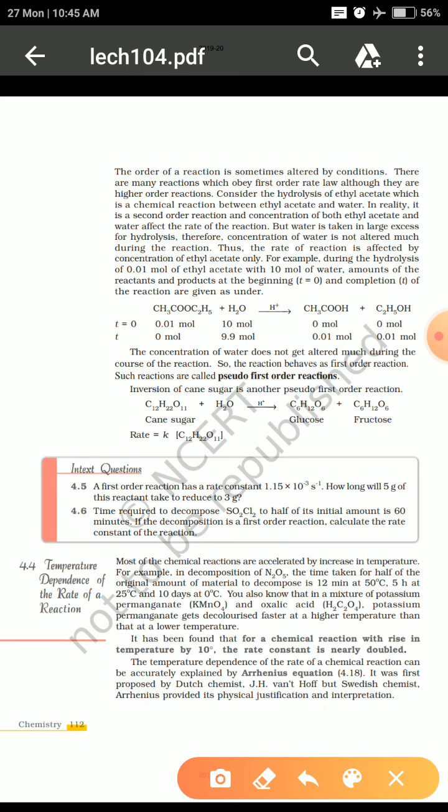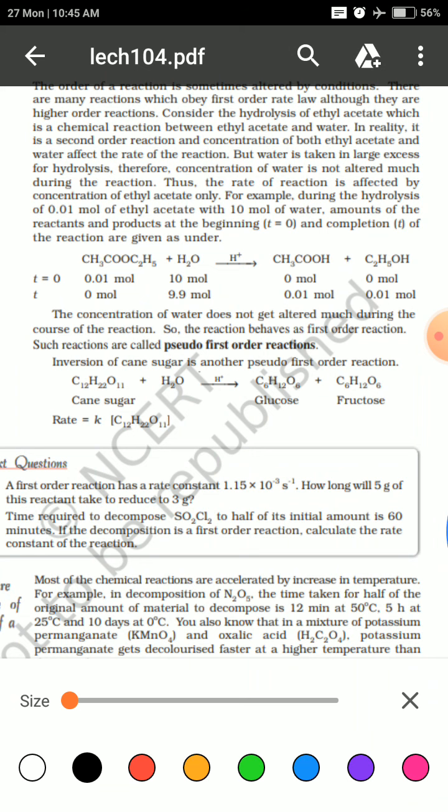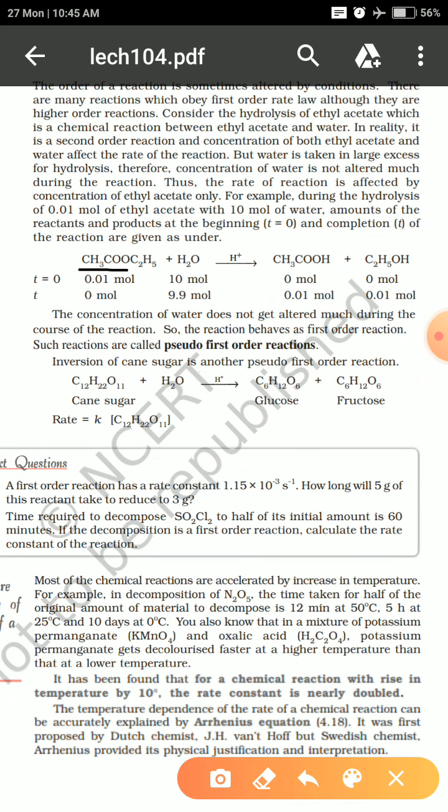We can very clearly see 2 examples are mentioned here. One example is ethyl acetate. Hydrolysis of ethyl acetate is taken. Just see the concentration initially. The concentration of ethyl acetate was 0.01 mole, and the concentration of water is 10.